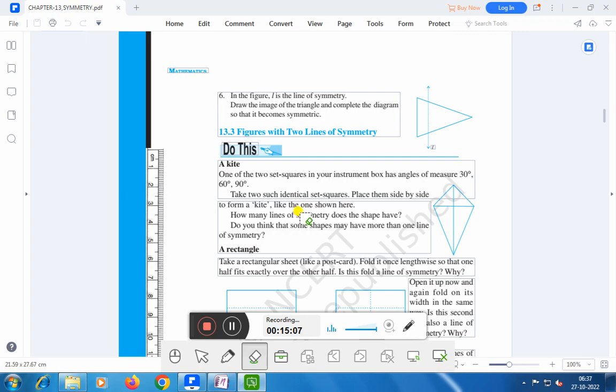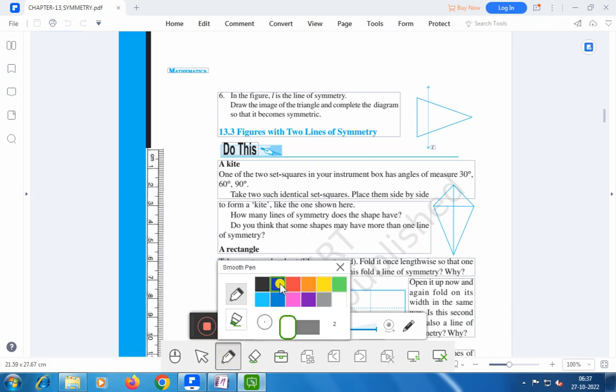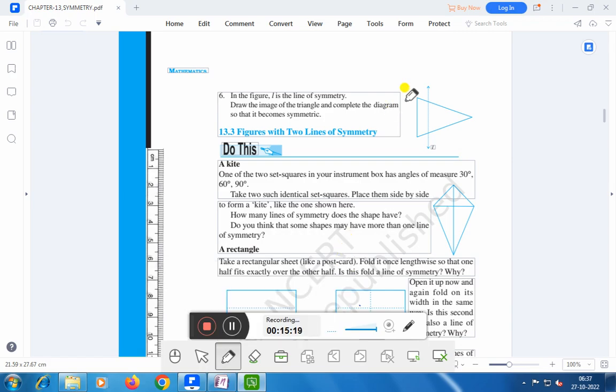such that L is a line of symmetry. Therefore, we can draw like this. We can draw the line of symmetry like this. We can draw a figure like this here, such that the two halves may be equal to each other.